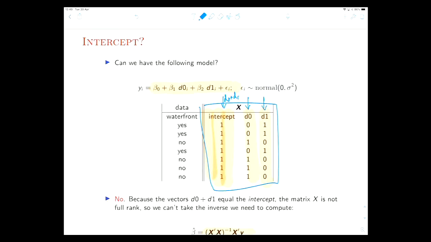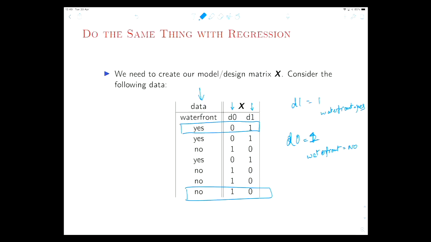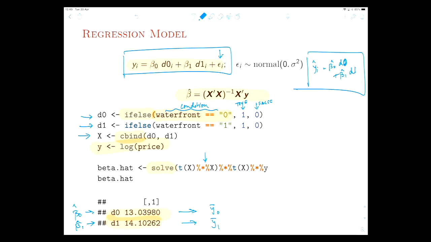notice how when we were using D0 and D1 as our two predictors, we got beta 0 hat as y0 bar and beta 1 hat as y1 bar. Again, notice how this all fits in.